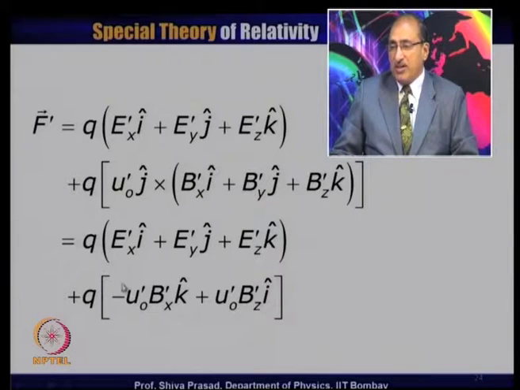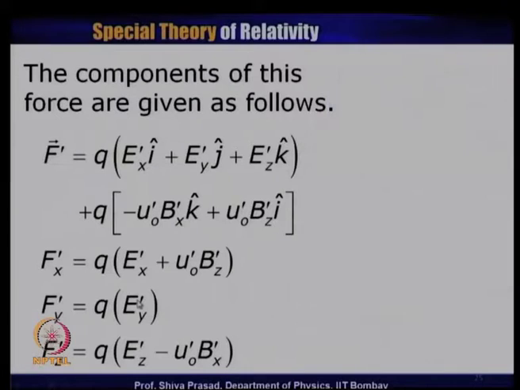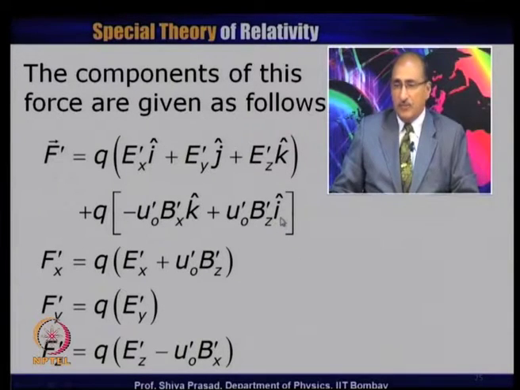Now, using this equation I can take out the x, y and z components of the force in the S prime frame of reference. Same equation which has been written here without any change. Let us pick up the x component, it means Fx prime. Let us look at those terms which contain i: there is Ex prime, and there is u naught prime Bz prime.